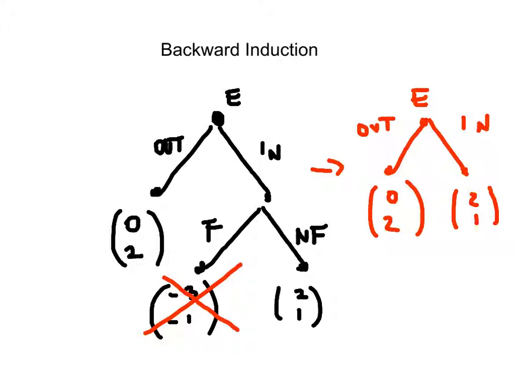Where I have now replaced, for the last decision node, the payoff associated with the strategy that is credible. And so on that basis, the firm E will choose to enter the market because the payoff of 2 is greater than the payoff of 0. And so you've eliminated the first Nash equilibrium by solving for optimal behavior at the end of the game.